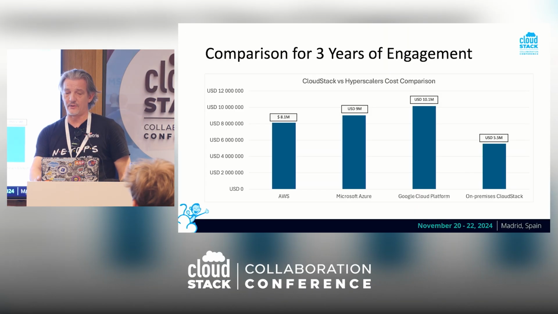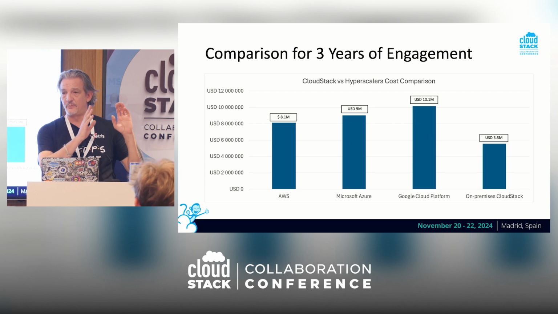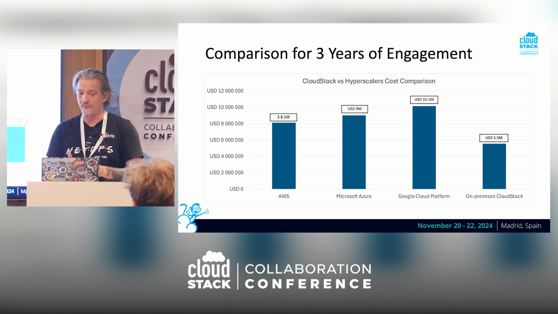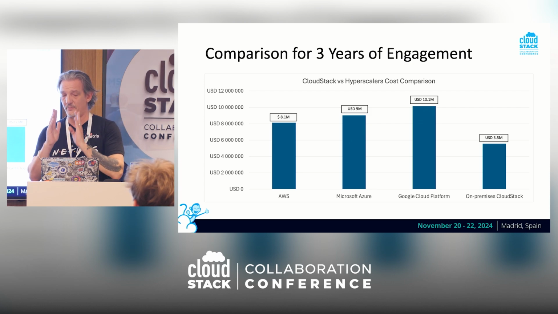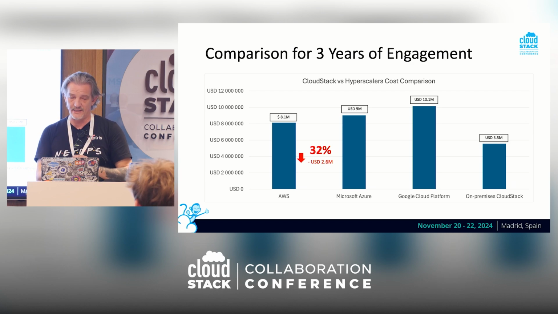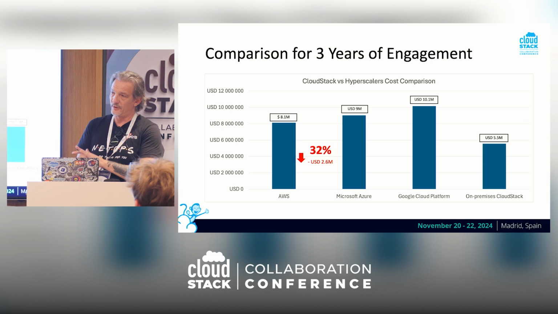Going to the comparison, I got the prices for AWS, Microsoft Azure, and Google Cloud Platform. So this is the total cost of ownership for a period of 3 years. Comparing the on-premises cloud stack with AWS, on-premises offers a reduction of the total cost of about 32%.